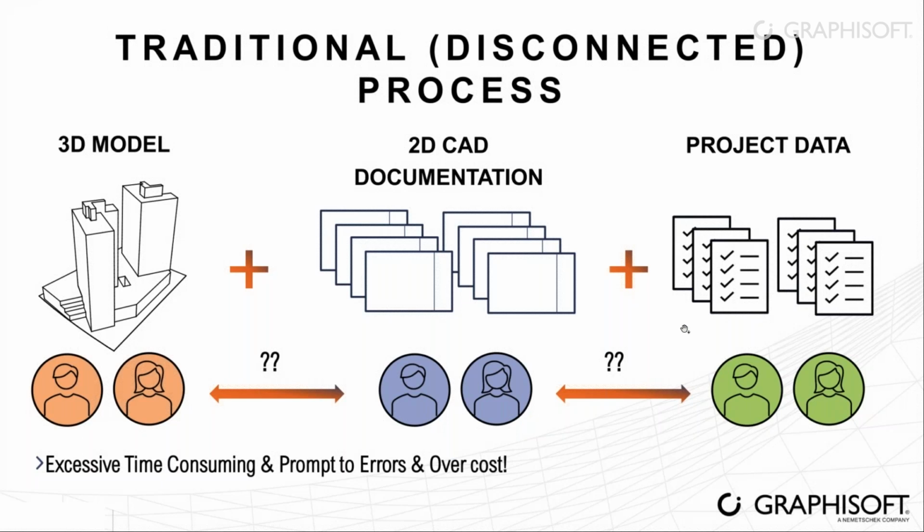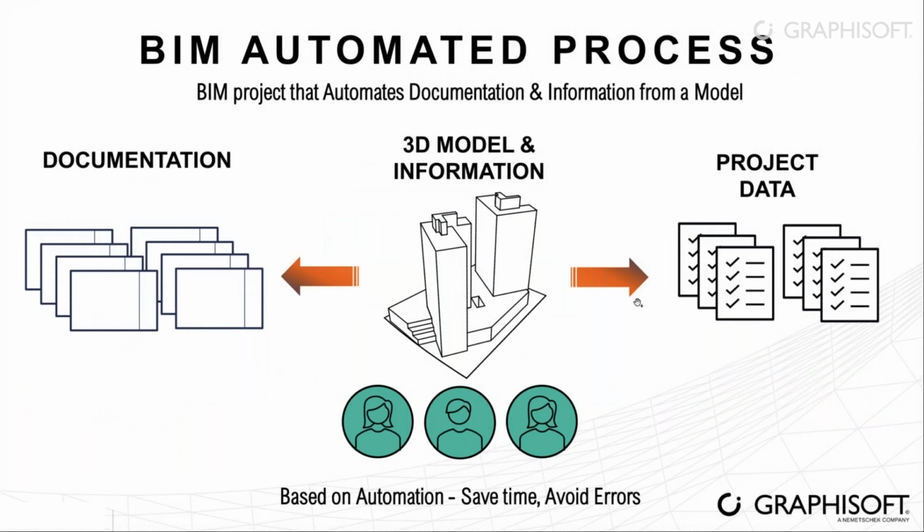So similar to how we would build buildings with BIM, why don't we use this for interior design as well? Essentially, it's the same idea, right? You have a 3D model and you extract 2D documentation from it. You also get the data directly from the model. So in the end, the concept is similar.